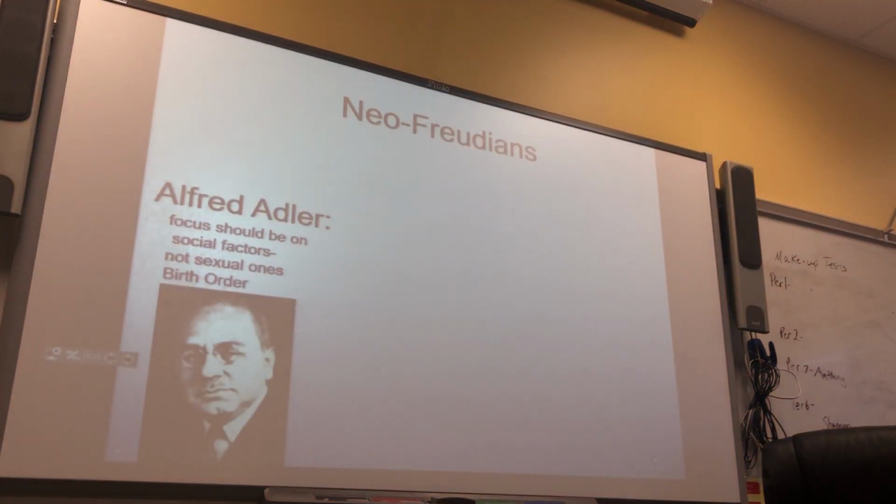By our interaction with our family, our siblings, and our peers, that's how we develop our personality. He didn't really have specific stages, but he believed that our personality is shaped as we grow, not due to sexual issues with our libido, but due to our social interactions with others.